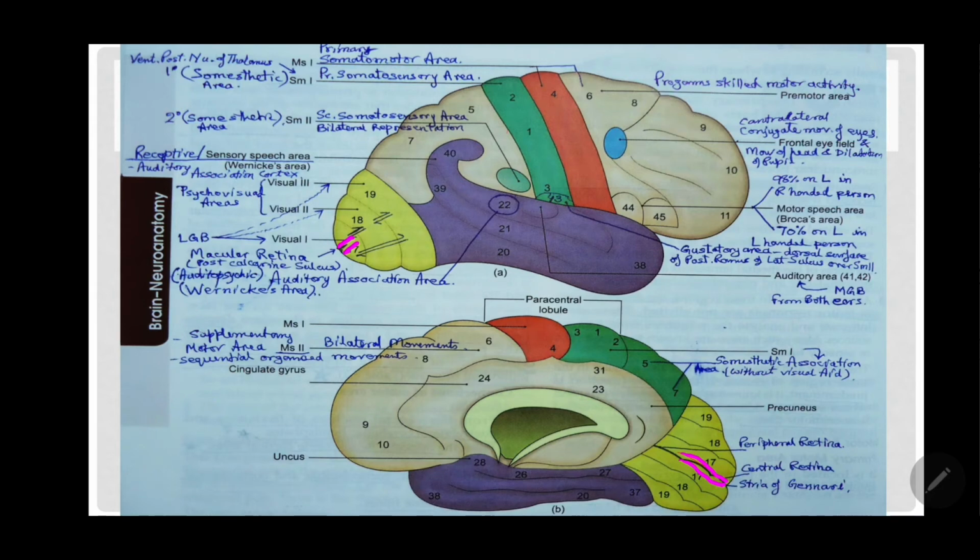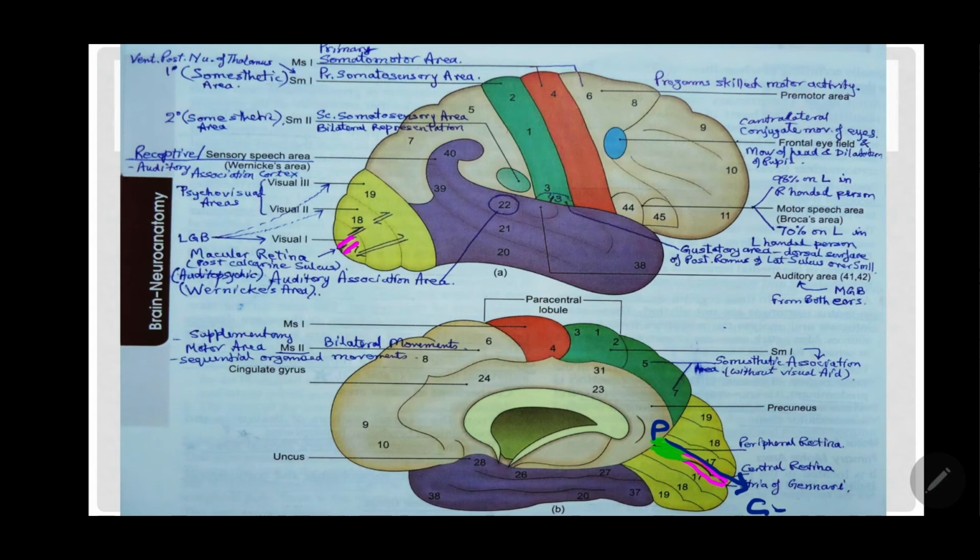And the fibers coming from the peripheral portion of the retina relay onto the anterior portion of the calcarine sulcus, right. So the representation of the fibers coming from the retina is peripheral to central, right.